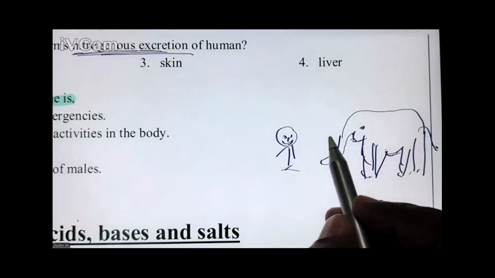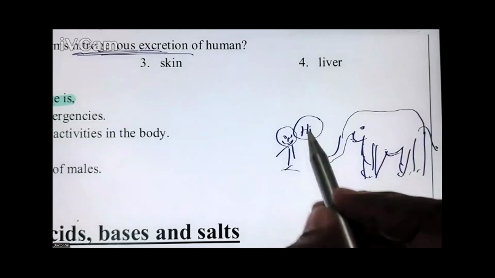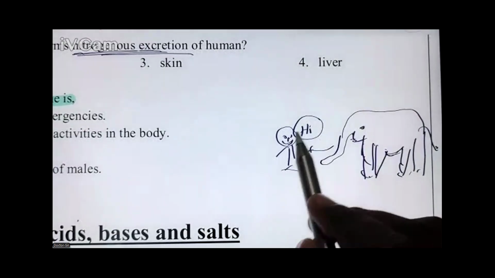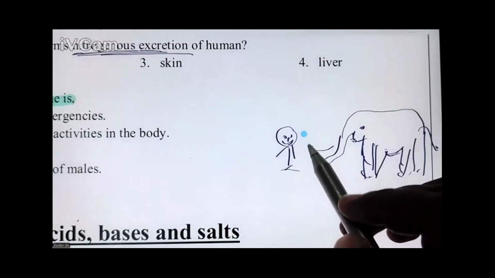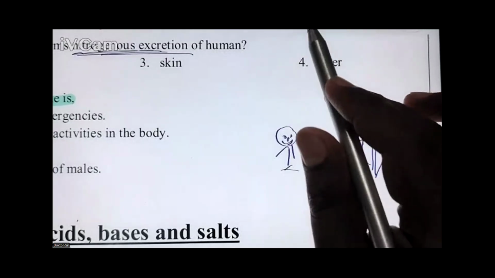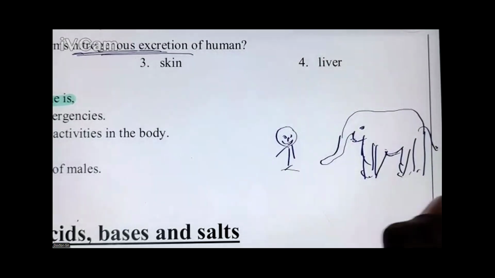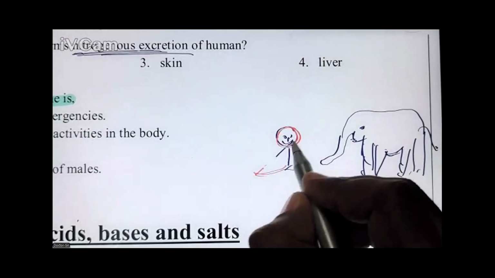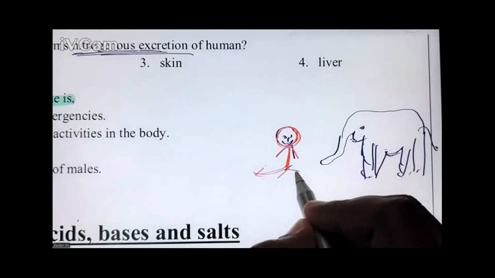Now you are telling Anya, hello, hi, hi, don't come close. Shall we take a picture? No. Now you can imagine what's going on. The emergency situation. So you have to run fast, so your body is ready for the emergency situation.